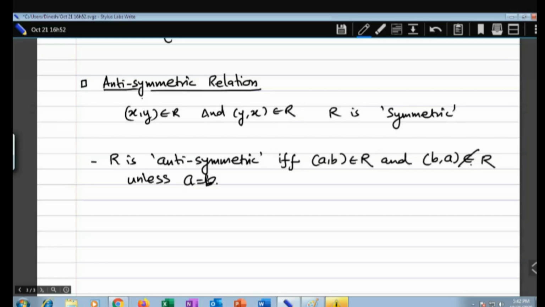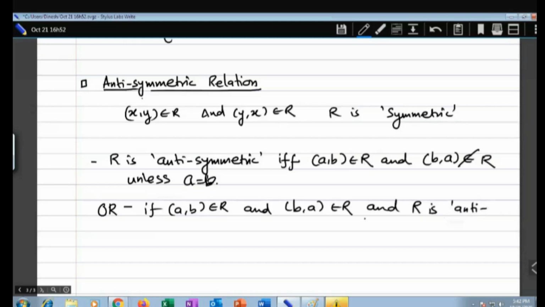You can also write it in another way. Another meaning that derives from this definition is that if (a, b) is in R and (b, a) is in R and R is anti-symmetric, then a must be equal to b.